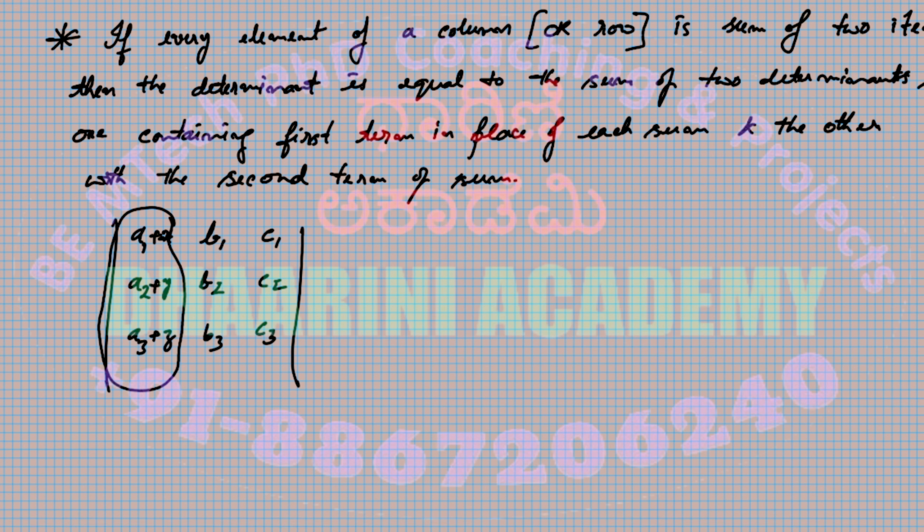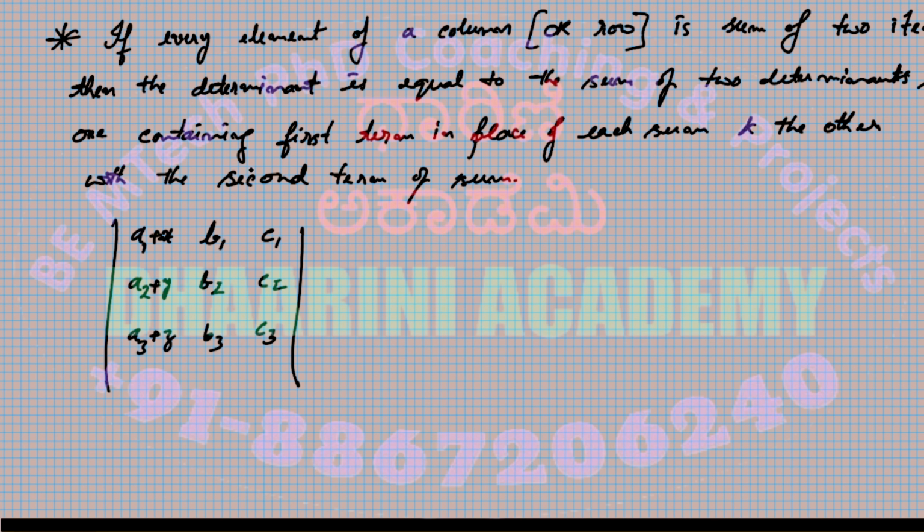Every element has two different values. Then this can be written as a sum of two determinants, the first determinant containing the first elements of the sum. So the first column is a1, a2, a3, with b1 c1, b2 c2, b3 c3.